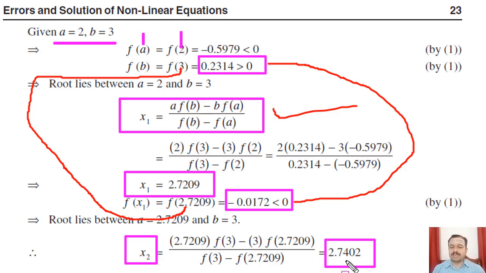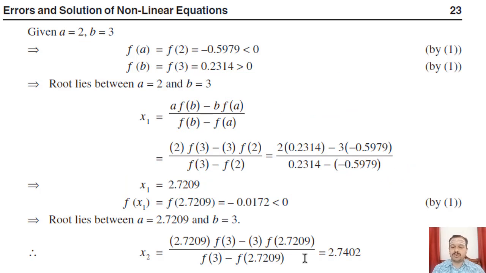So from the second decimal place onwards, the answer is different. At the first decimal place both answers are correct, but at the second place it is varying. Therefore, we should not stop at this point. We have to proceed.